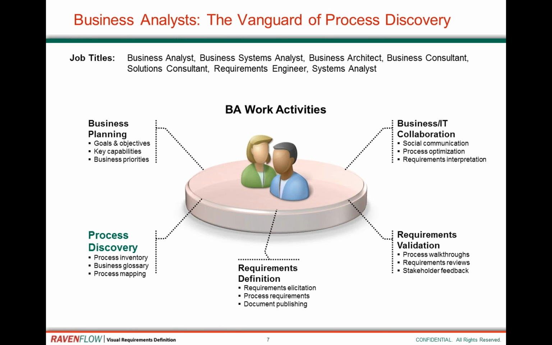It starts with business planning. Do I have a project or not? Whether you have a program or project management office where business application projects get approved, but what are the key business goals and objectives for the project? What are the key capabilities or business needs that are to be delivered through the project?